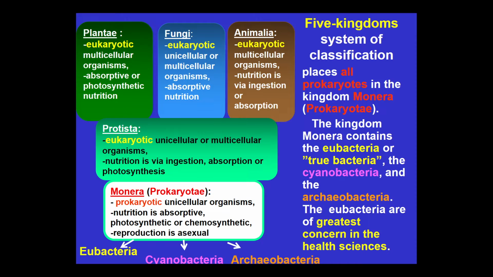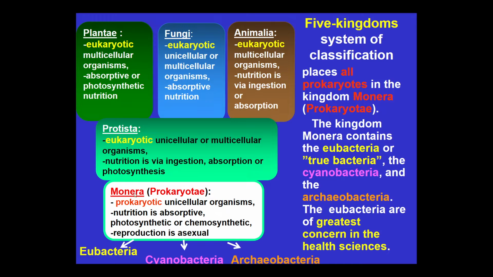These are prokaryotic organisms that are unicellular, and the nutrition type is absorptive, so they absorb nutrition from the environment. They may be photosynthetic or chemosynthetic, and reproduction is asexual, which means without meiosis and mitosis.